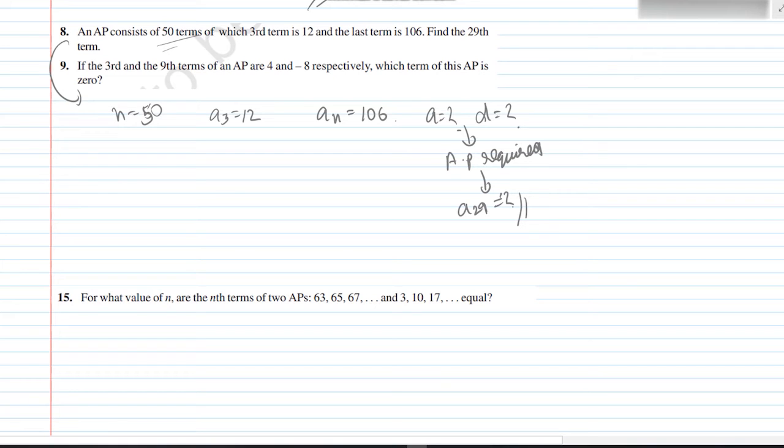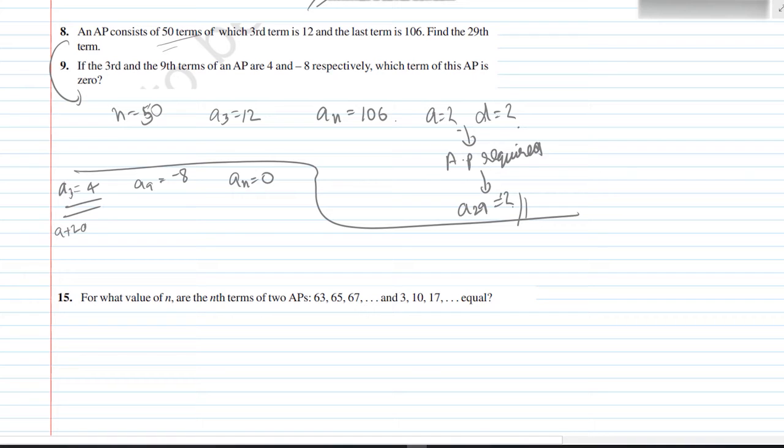Okay, fine. Now, if the third term and the ninth term of an AP are 4 and minus 8, which term of the AP is 0? In the same way, for this, a_3 is 4 and a_9 is minus 8. So when is a_n 0? Using this, a plus 2d is equal to 4 and a plus 8d is equal to minus 8.